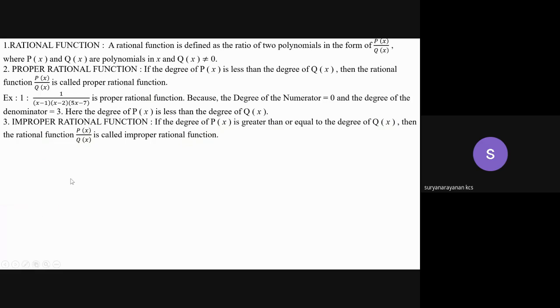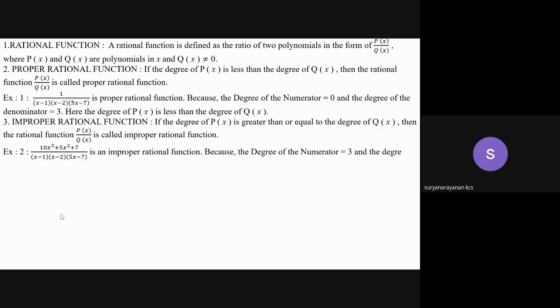Now, let us take an example to understand this concept. Let us take the example 10x cubed plus 5x squared plus 7 whole divided by x minus 1 into x minus 2 into 5x minus 3. What is the degree of the numerator? 3, sir.